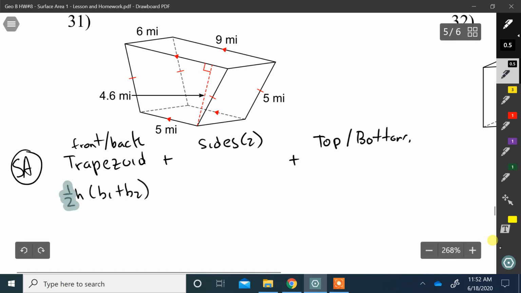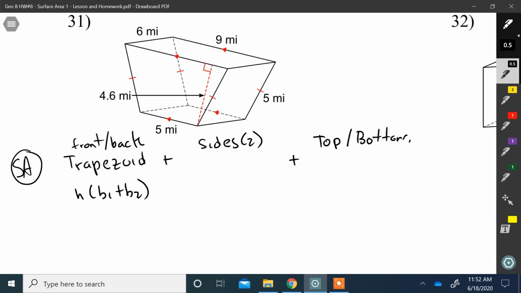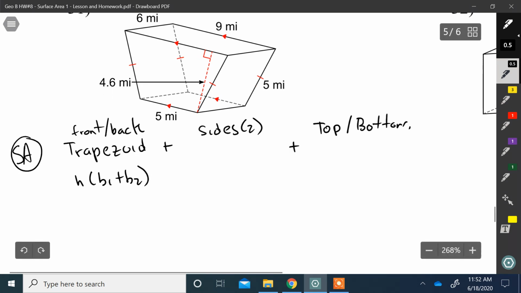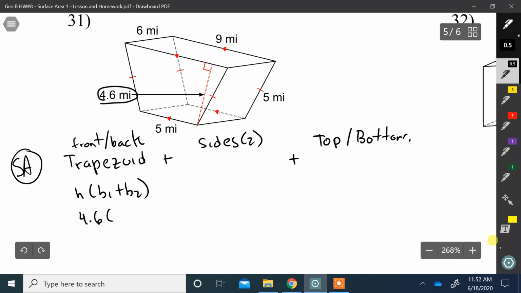So if I multiply by 2, the half and the 2 cancel out, and you just get h times the sum of the bases. The height of the trapezoid is given to you as 4.6. As you can see, one base is 5. The other base should actually be 9.